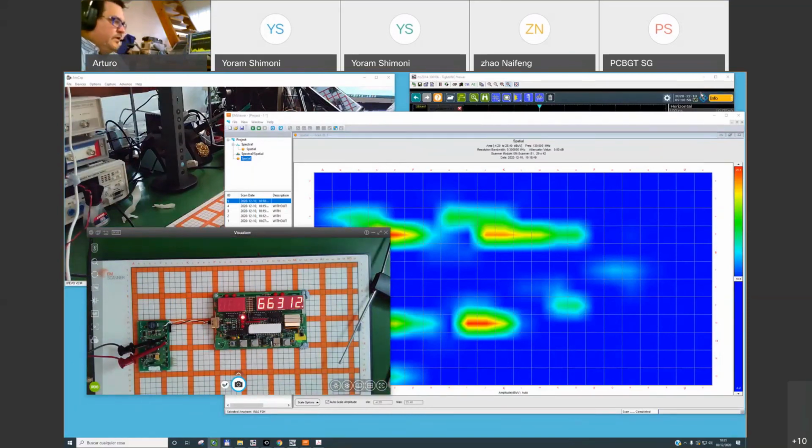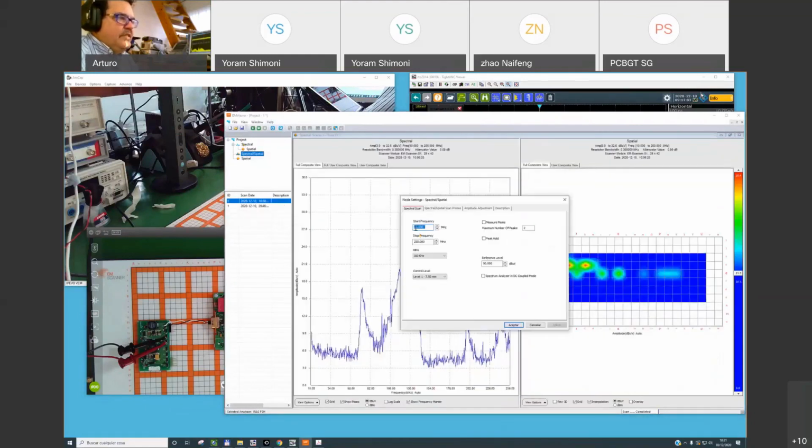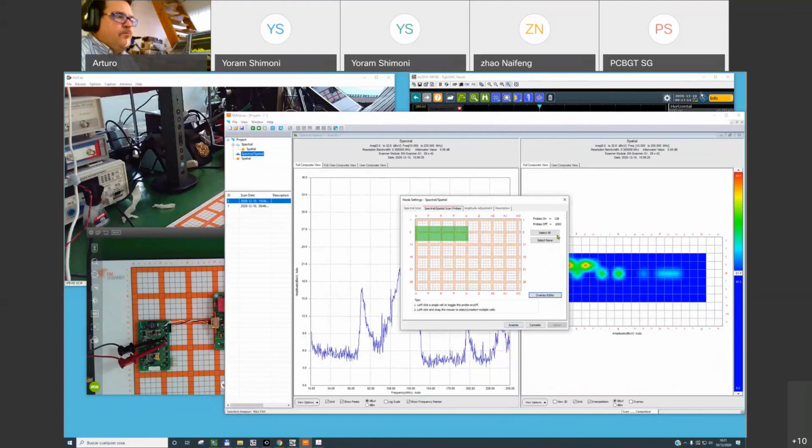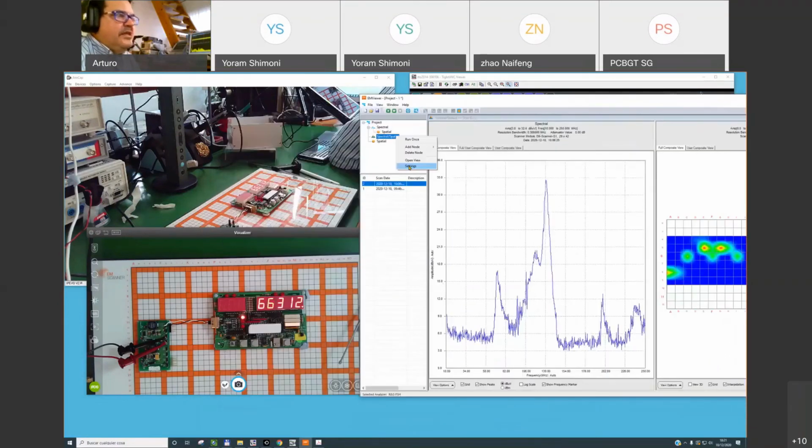What we can do is to identify what is the origin of my 11 megahertz or my 126 megahertz. I can go here and run a spectral spatial scan, for example, from 10 to 250 megahertz using 300 kilohertz bandwidth. I am not going to measure peaks to identify exactly, and I can select the cells that are of interest for me. Let me accept. Let me move this one. Let me open the settings again.